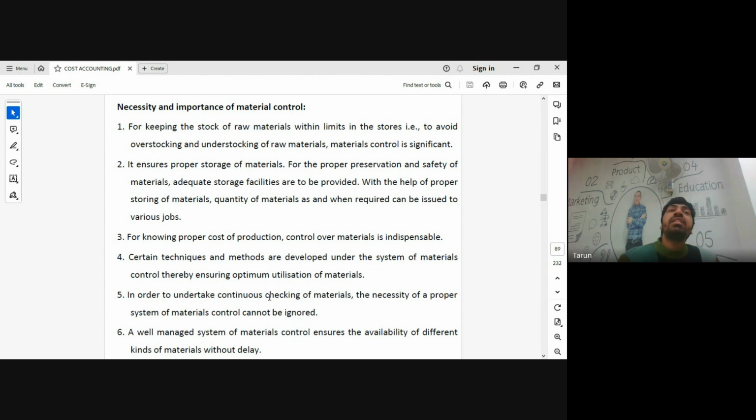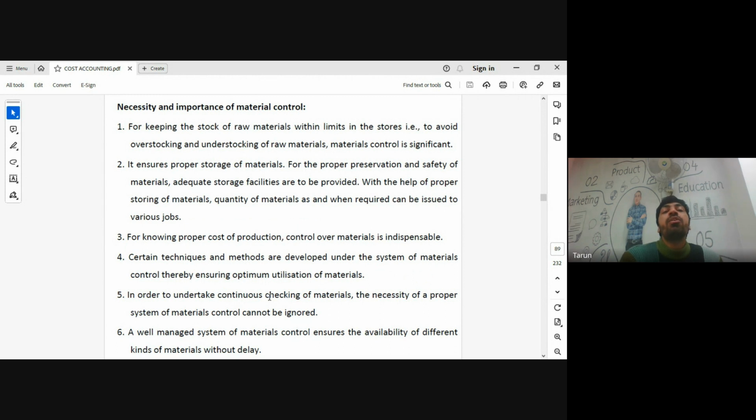Adequate facilities in terms of equipment and resources, or storage facilities, are to be provided so that the particular materials can be stored very well. When we talk about properly storing the materials, the quantity of materials is also very important when you issue the materials to the organizations, and accordingly you store the materials within the organization's warehouses.